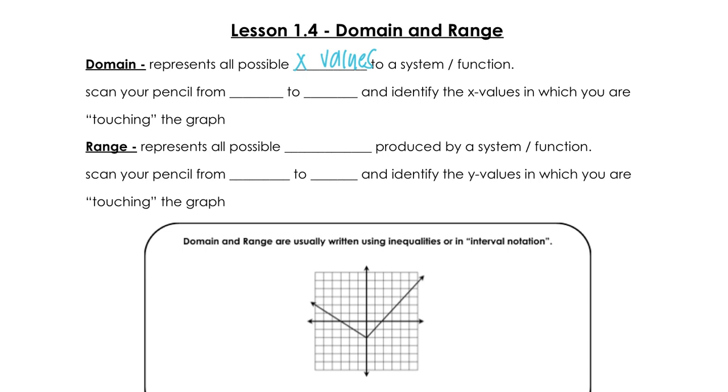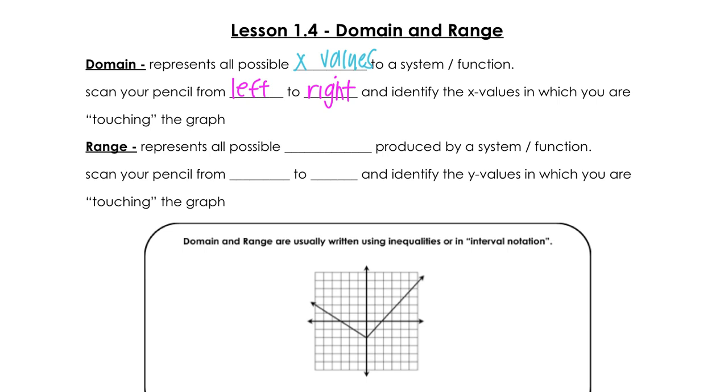So like on your paper, I would literally take my pencil and scan it from left to right and look and see what is the graph doing. When does it start? When does it end? So scanning the pencil from left to right will identify which x values you are touching the graph, okay?